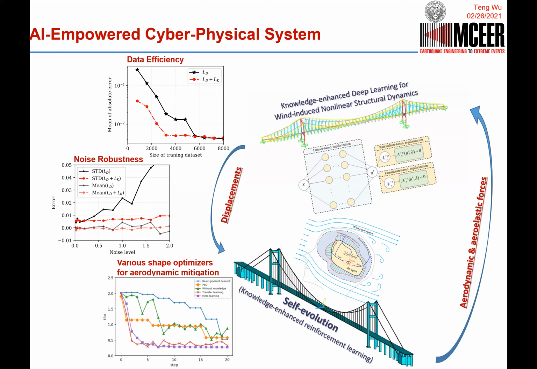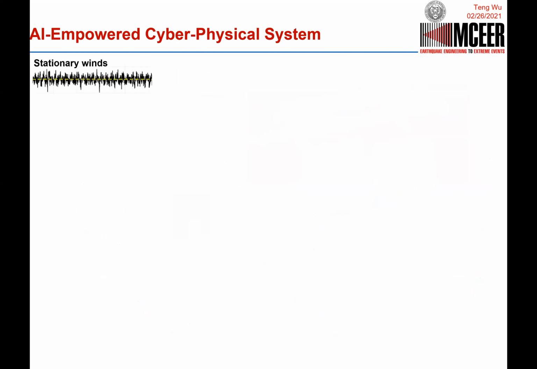Okay, the last thing I would like to mention today is that we also want to enhance our wind tunnel in this cyber-physical system. The current wind tunnel, no matter how large a wind speed it can generate, usually generates what we call stationary wind.